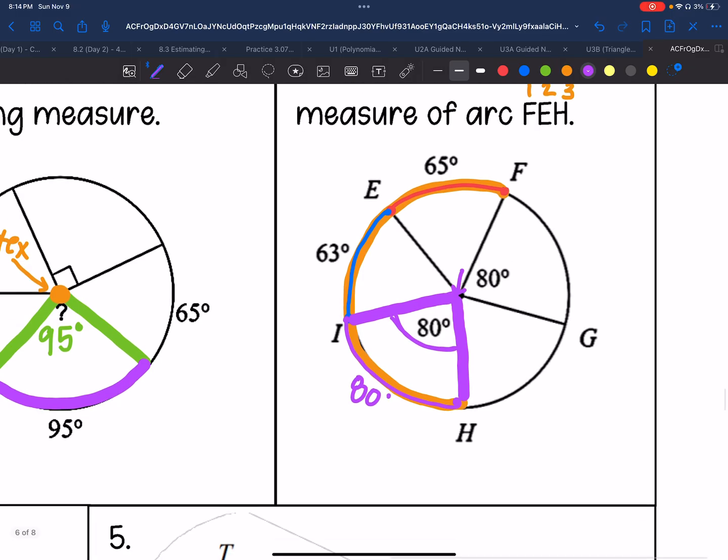So if I want my whole orange arc, I'm going to take 65 degrees plus 63 degrees plus 80 degrees, and that's going to give me the entire arc. So that entire arc, FEH, is 208 degrees.